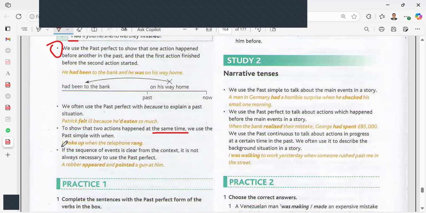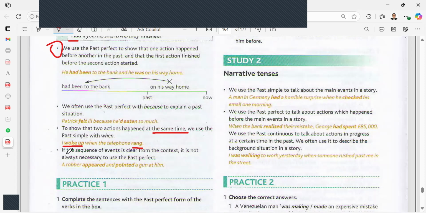Use when. For example, I woke up when the telephone rang. أنا صحيت لما التليفون رن. الاثنين مع بعض. يبقى في الحالة دي no need to use past perfect.